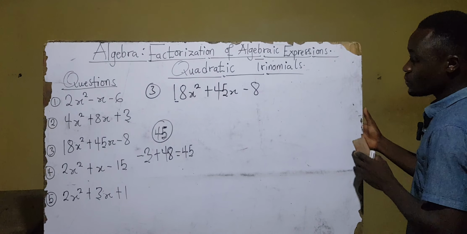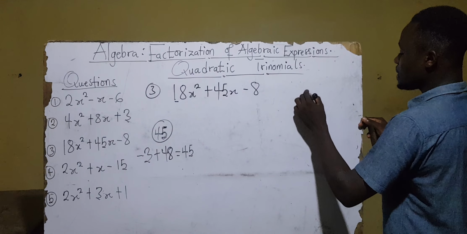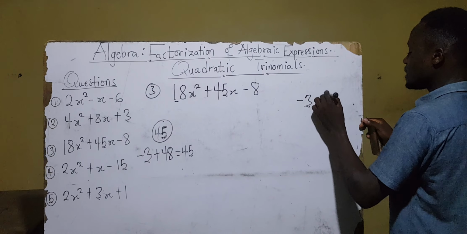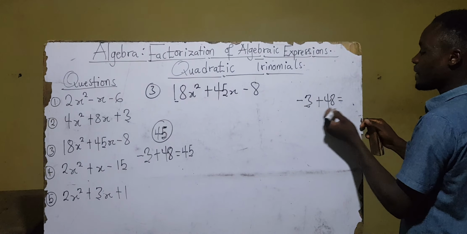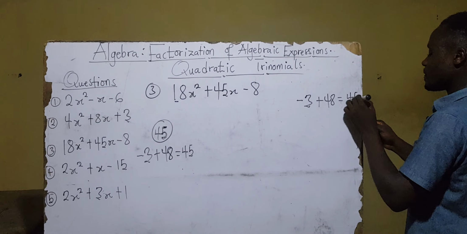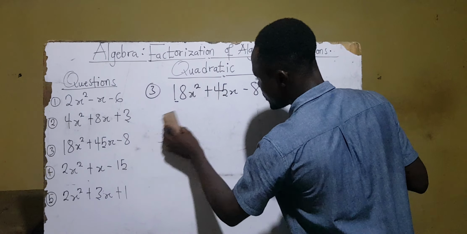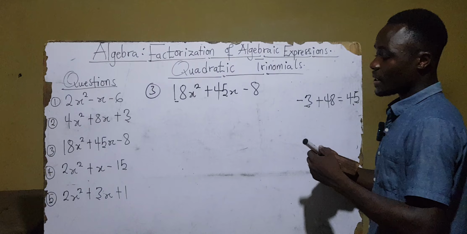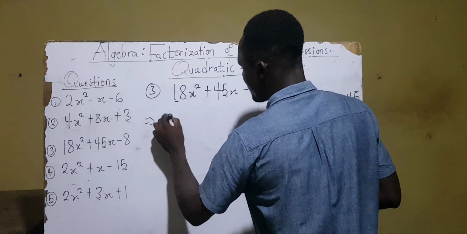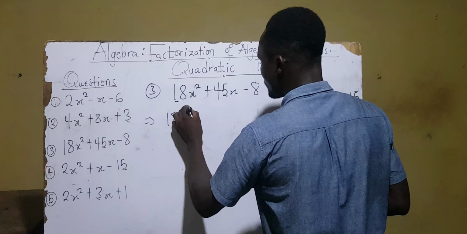So mathematically, we said that the numbers negative 3 and then positive 48, when we add this, we are going to get positive 45. So we are going to utilize this in our journey factorizing the quadratic trinomial. So our first term is 18x squared.